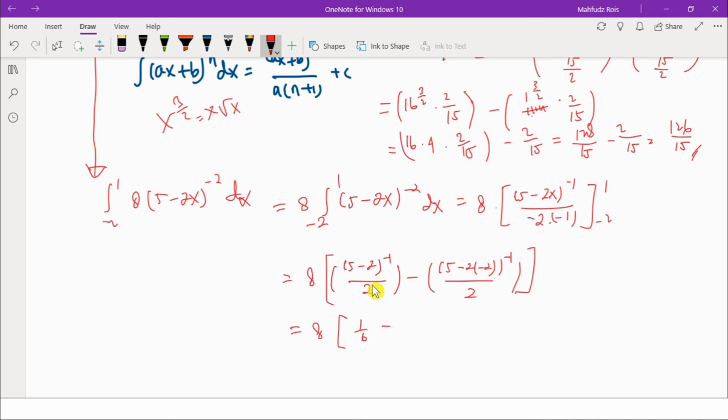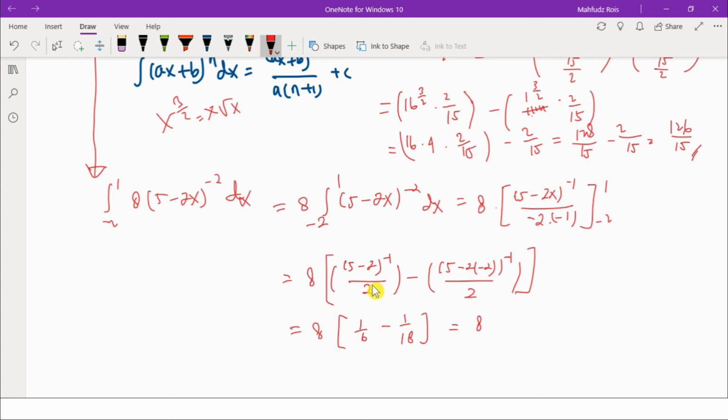Minus, that one should be 5 minus 2 times minus 2, so it should be plus, so it's 9 to the minus 1, so it's 1 over 9, so 1 over 18, right?